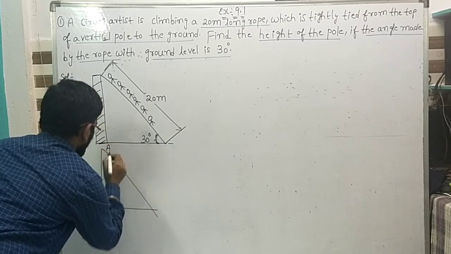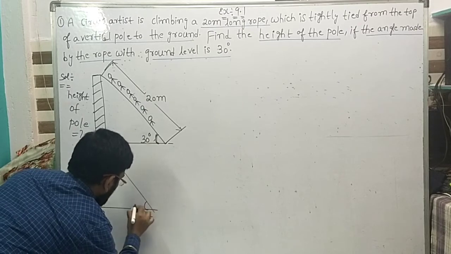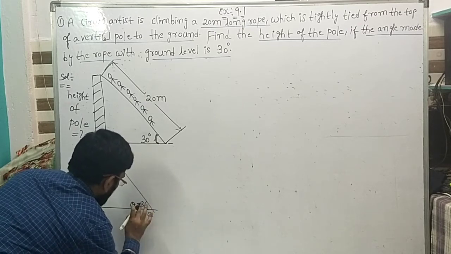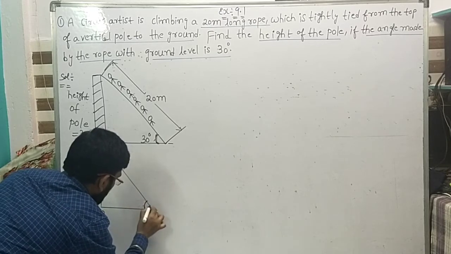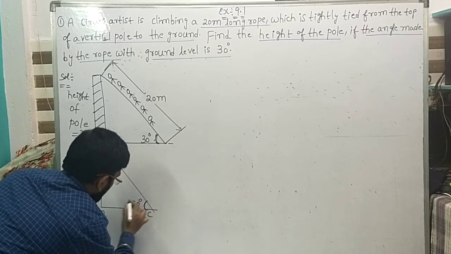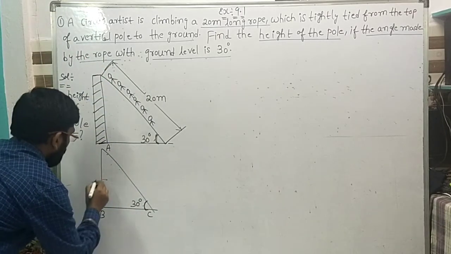Triangle ABC. This is theta equals 30 degrees. The rope makes an angle of 30 degrees. This is the pole.